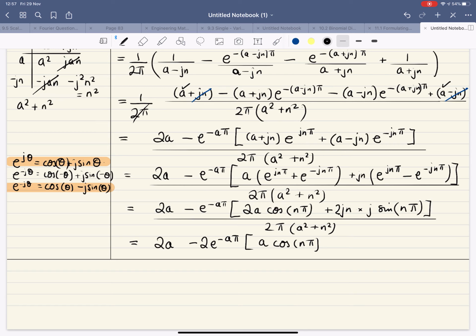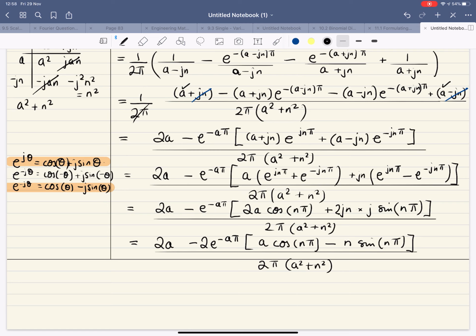And then, because we've taken the 2 outside the bracket, and we've got a j squared there with this 2 which has come outside the bracket, j squared is minus 1, so minus n sine n pi, and then all divided by 2 pi (a squared plus n squared).